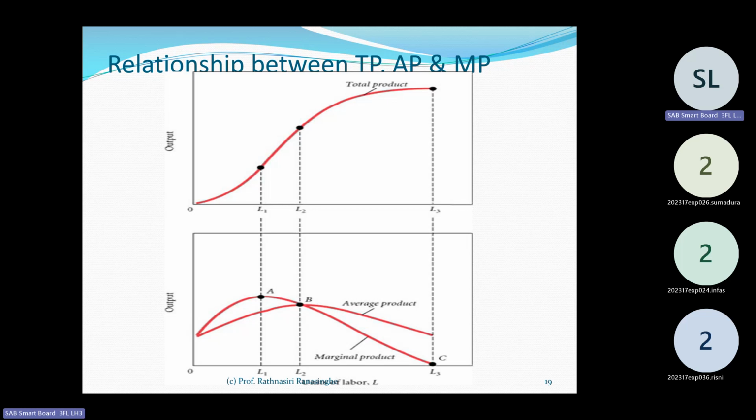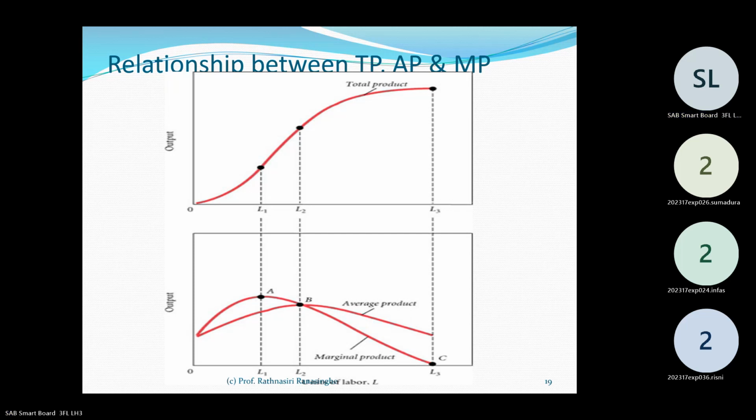But thereafter, output still increases, but the slope decreases, so the average product also decreases. If you look at the behavior of the marginal product and the average product, initially what happens when you change the labor inputs?